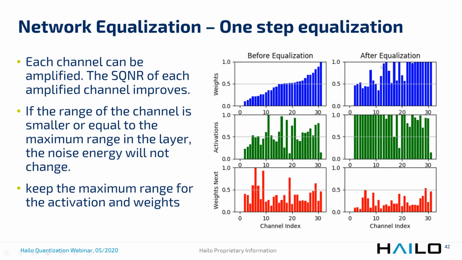And we also see that the weights of the layer are also more equalized. And in order to achieve that, we had to attenuate the weights of the next layer.